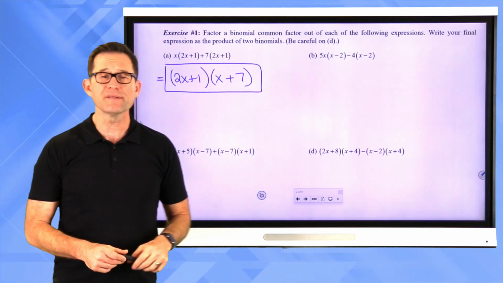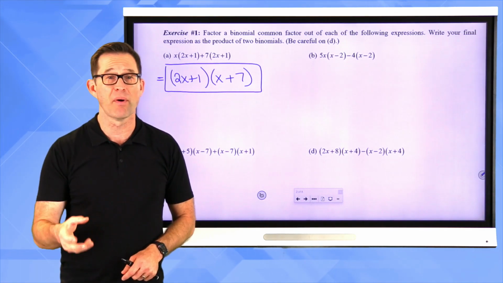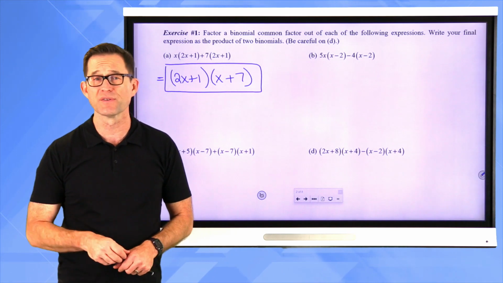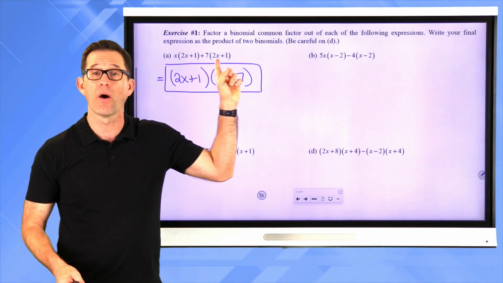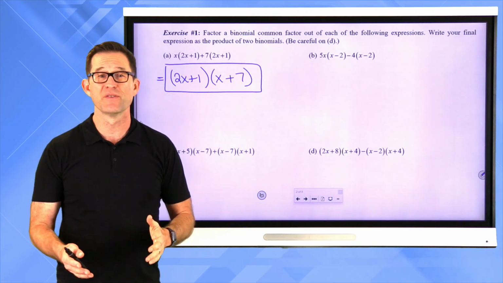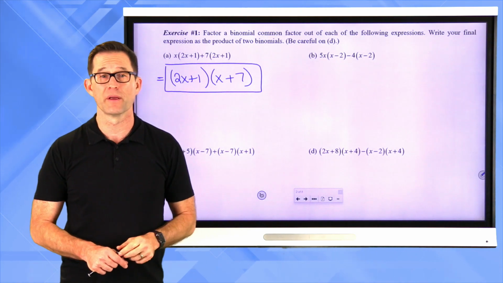Point is, greatest common factors don't need to be monomials. They can be binomials, they can be trinomials. They just have to be the same factor here as what they are here. I'm sure this is probably pretty easy for you visually, so why don't you go ahead and try letter B on your own?